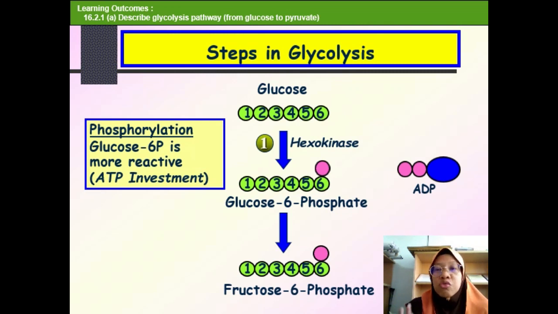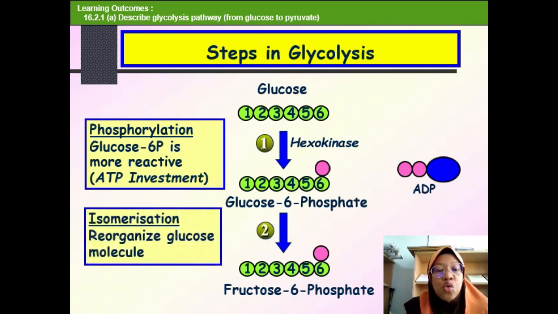So glucose dengan fructose dia punya formula molekul sama, tapi dia punya arrangement saja lain. C6H12O6 juga, tapi arrangement saja lain. So dia tukar. So proses ni you panggil isomerization. Just reorganizing the glucose molecule. So glucose 6-phosphate jadi fructose 6-phosphate.